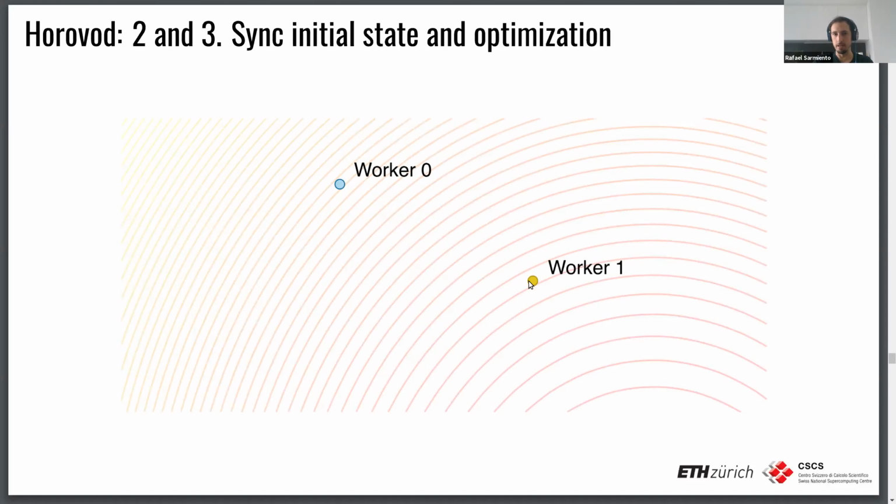You want them all starting at the same place. So we have to do something to put them in the same initial position, so that both have the same weights at the beginning of the training. Okay. So this is the synchronization, and the optimization happens like this.